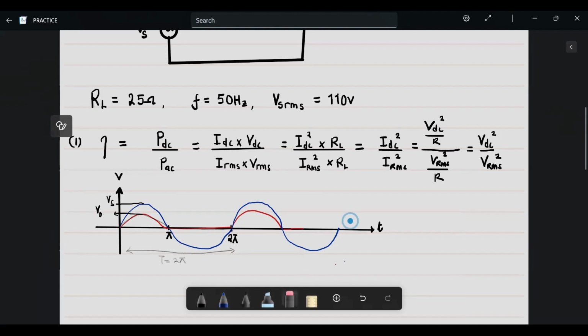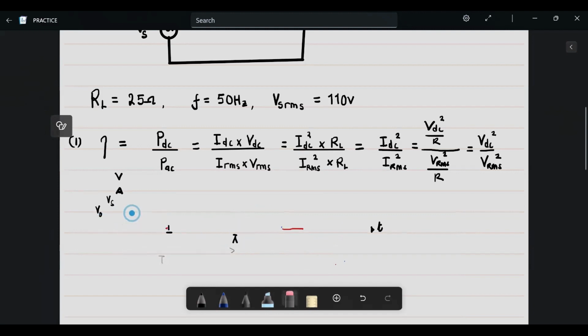So you can find the average voltage for that. This average voltage is called VDC. So VDC is simply equal to 1 over the time period, which is 2 pi, integrating from 0. You see that the waveform was on from 0 to pi, and then from pi to 2 pi it was off, right?